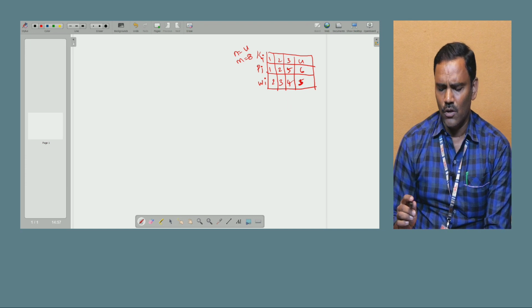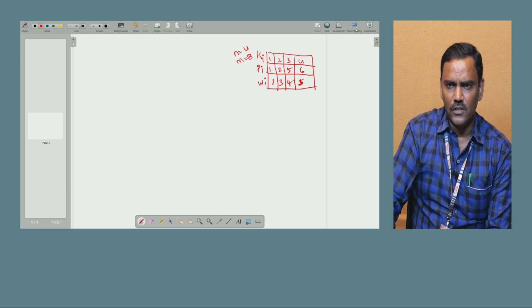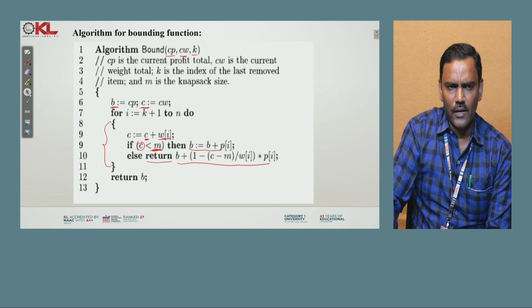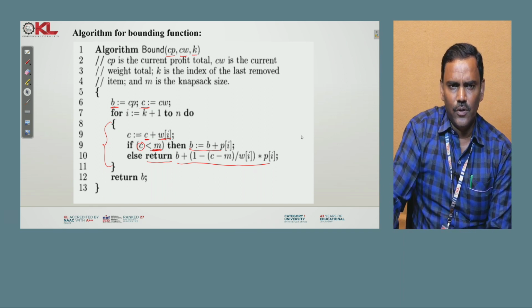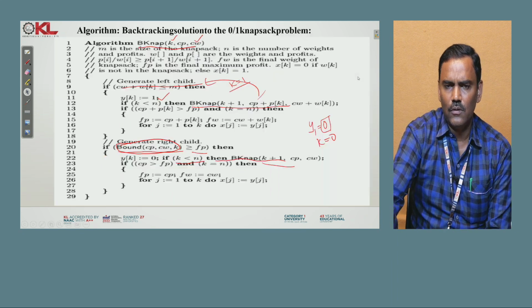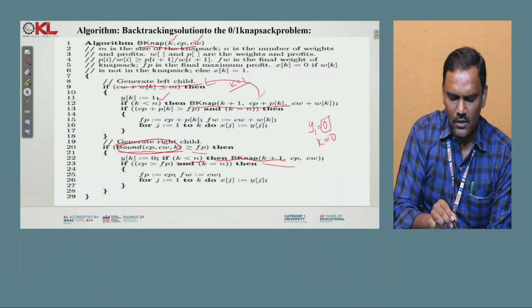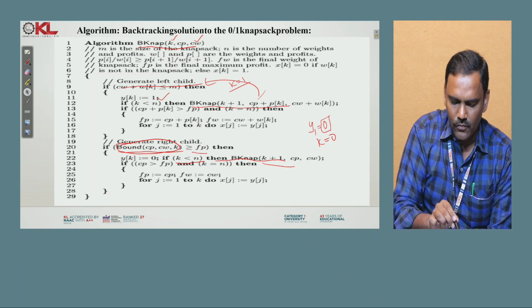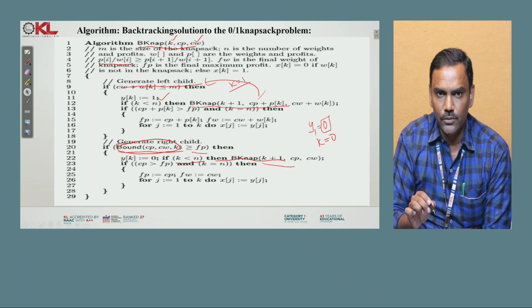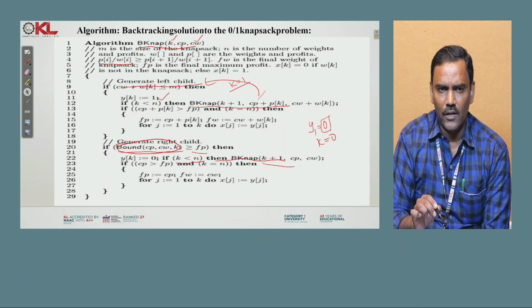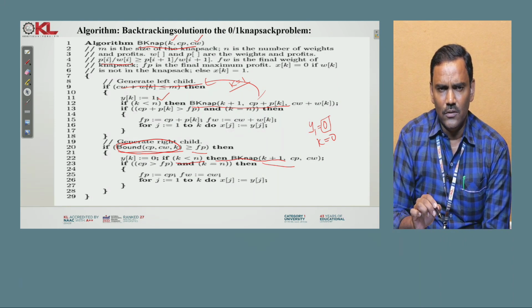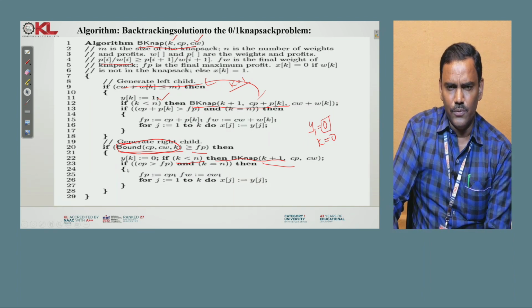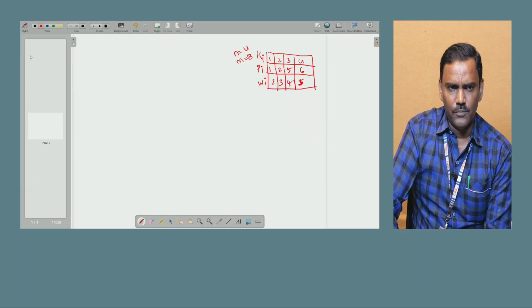Now to start our process, as we previously discussed, we have to calculate the ratio. Here it is clearly mentioned that we are going to be calculating the ratio p of I by w of I, and then finalizing the sorting process of the algorithm, which is going to be used in this example.